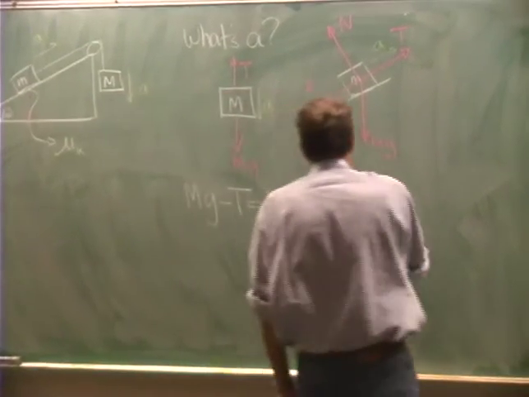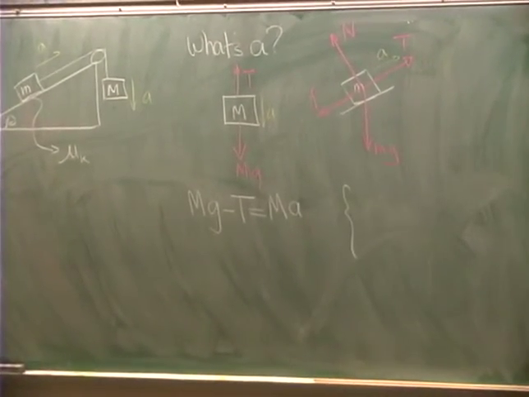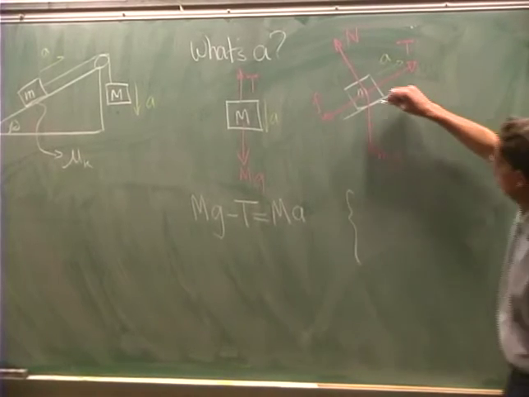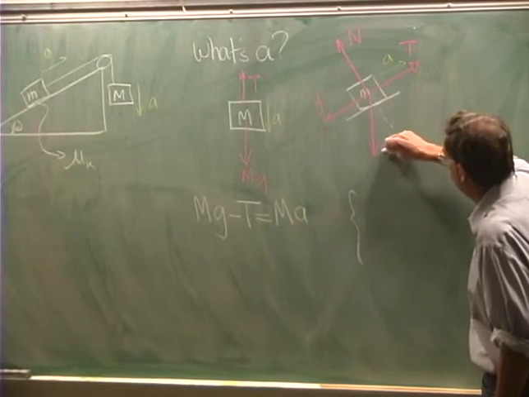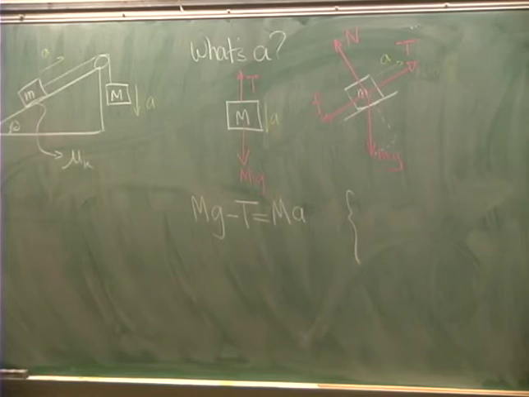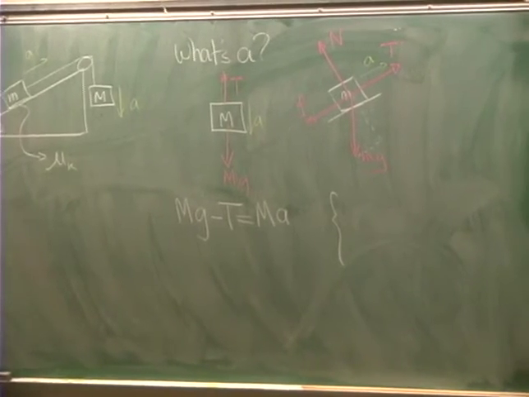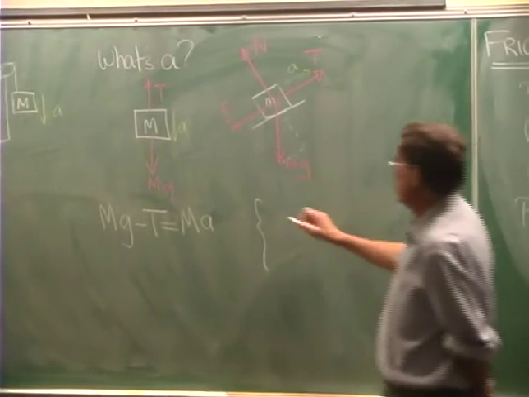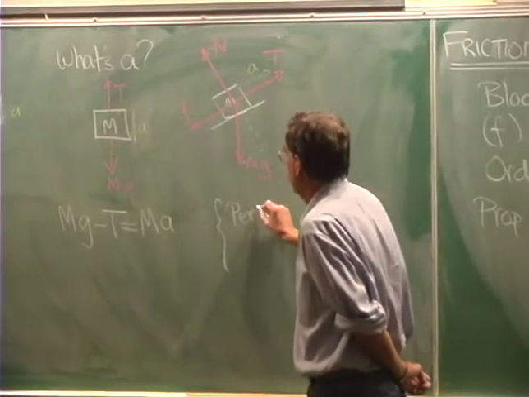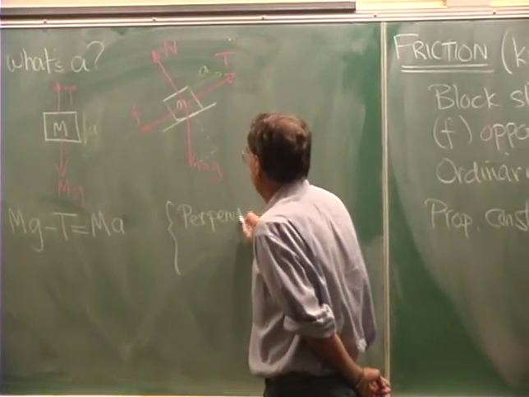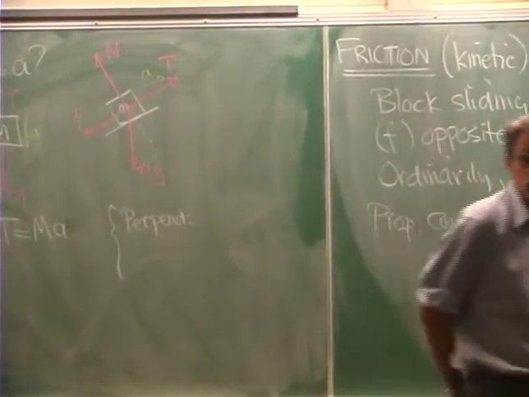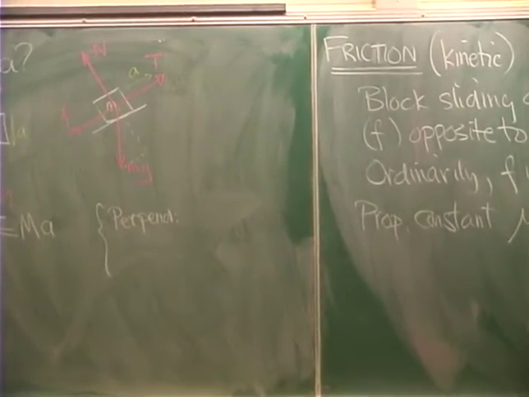For this mass, I've got two dimensions to work with, parallel and perpendicular to the plane. So perpendicular, let's do that first. Perpendicular to the plane, what do you see acting there?